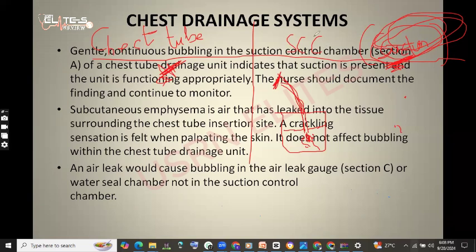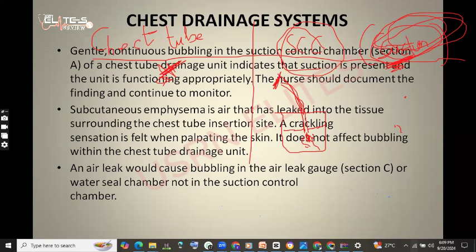But for suction control chambers, if they tell you the patient has a chest tube and is connected to a suction wall or suction control chamber, in this case suction has been mentioned.